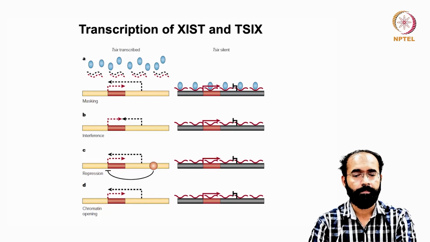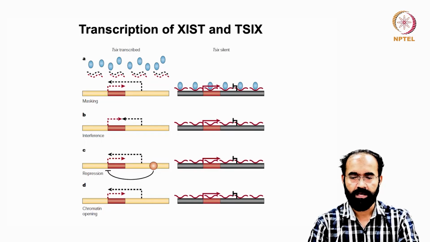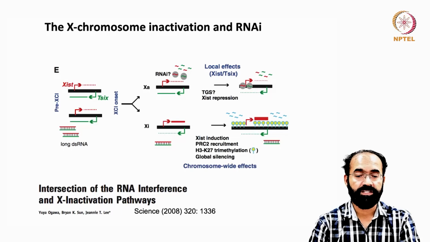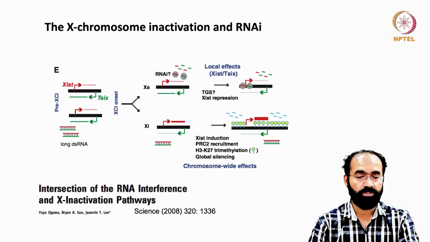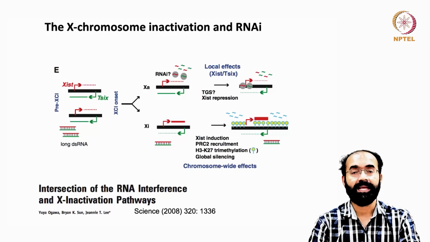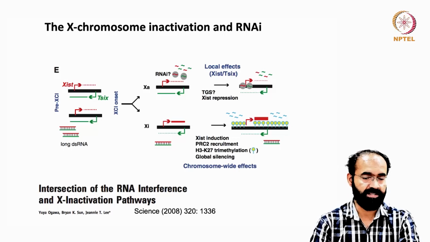So you can also see this cartoon of what has been shown here, how the mechanism is working for the inactivation purpose. So we can see how X chromosome inactivation is influencing the RNAi. X chromosome inactivation is a good example of RNA interference. So X-cyst and T6 can be taken as a typical example of RNAi itself.